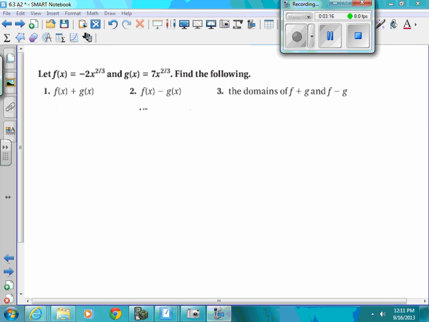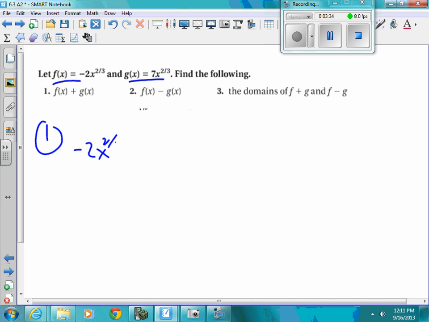Okay, let's do some examples of adding and subtracting some functions and then stating the domains of the result. F of x plus g of x. So here's f of x, here's g of x. Let's add those together. Negative 2 times x to the 2/3 plus 7x to the 2/3 power. They both have x. They both have the same exponent, so we can add the coefficients.